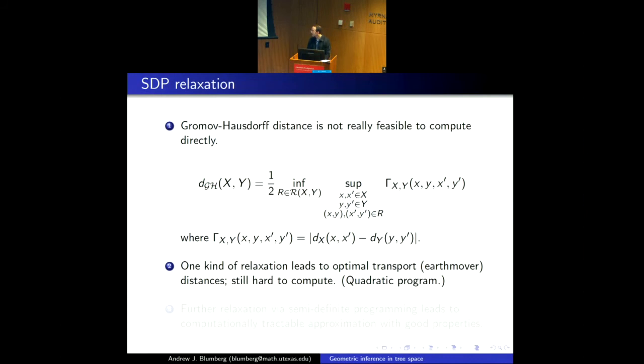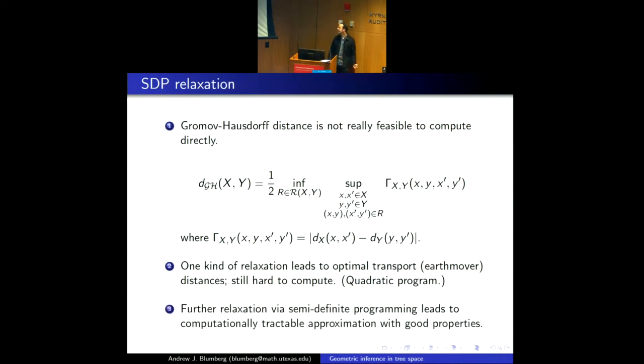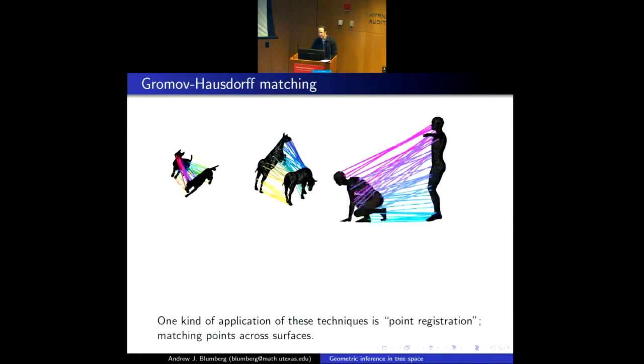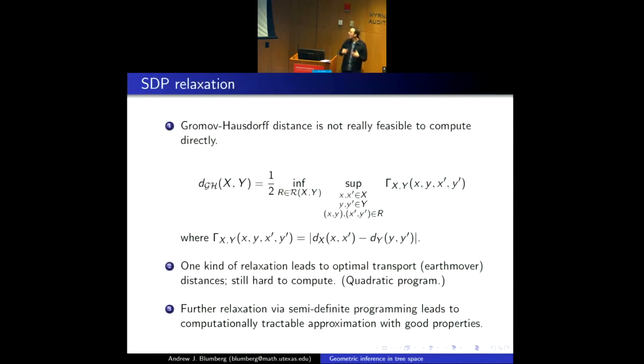So the work I did with Ward and Bandera and Villar was to study a semi-definite programming relaxation. And semi-definite programming is a convex optimization technique for which there are polynomial time algorithms that are significantly better than quadratic programming. So we studied this semi-definite programming relaxation, and this had two interesting properties.